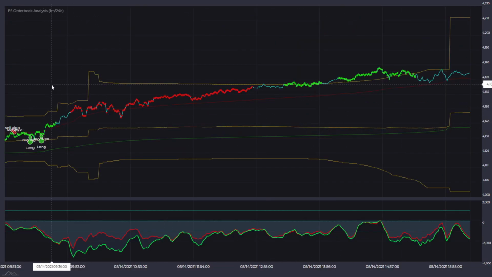Okay, so I think that's pretty self-explanatory as far as the order book analysis chart goes. Like I said at the beginning, there will be one more chart of the same order book with much less history, but it will be a 10-second chart, and it will show the same things, but much faster.